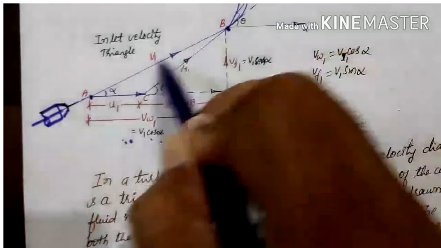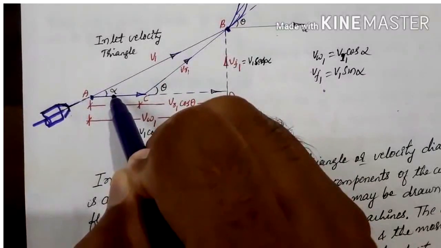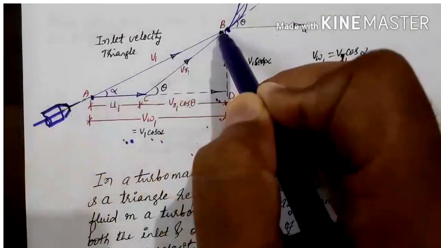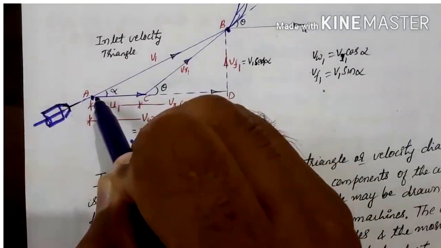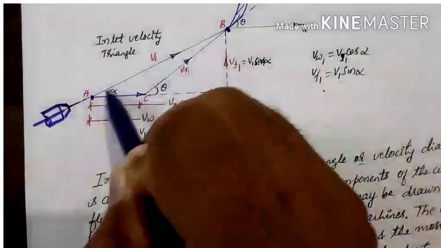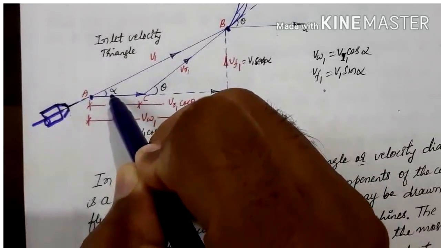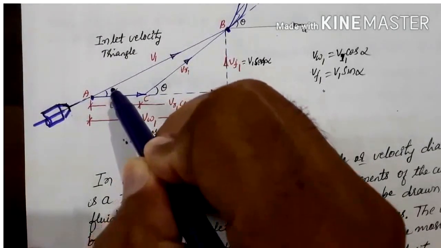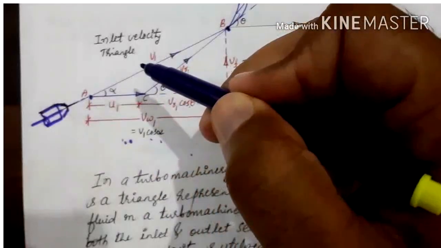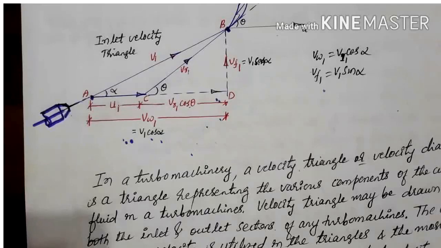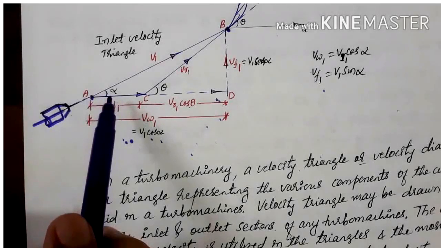This V1 makes an angle of alpha with the horizontal line. First you have to draw V1 equal to AB, and V1 makes an angle of alpha. This alpha is called the nozzle angle, or the angle between the direction of the jet and the direction of motion of the plate, and this is also called the guide blade angle or nozzle angle.